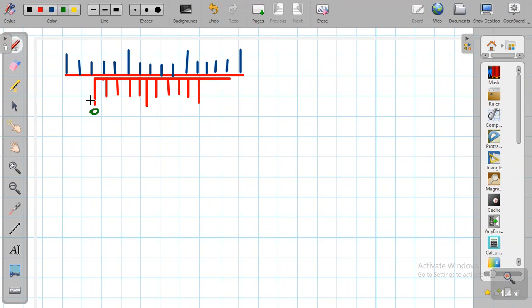You may see that the 0 line, and I will mark this one like 5, then 6 in centimeters. How to take the reading of this one? Can you just let me know? What is the reading? The reading is equal to the main scale reading plus the vernier scale reading.